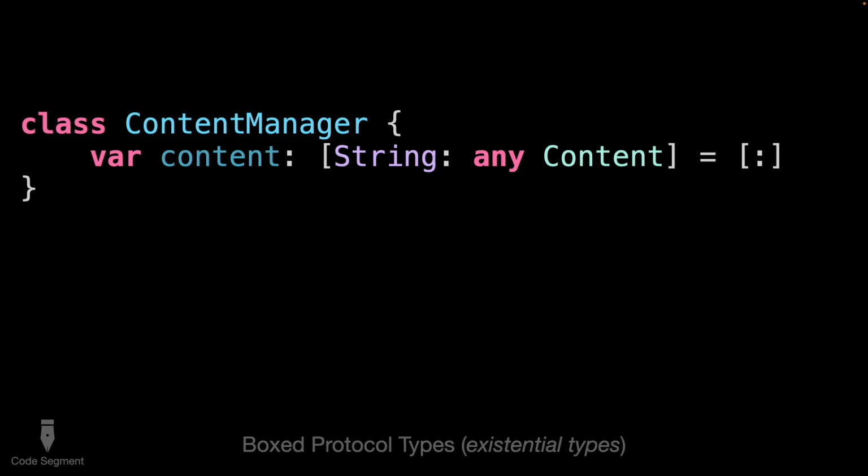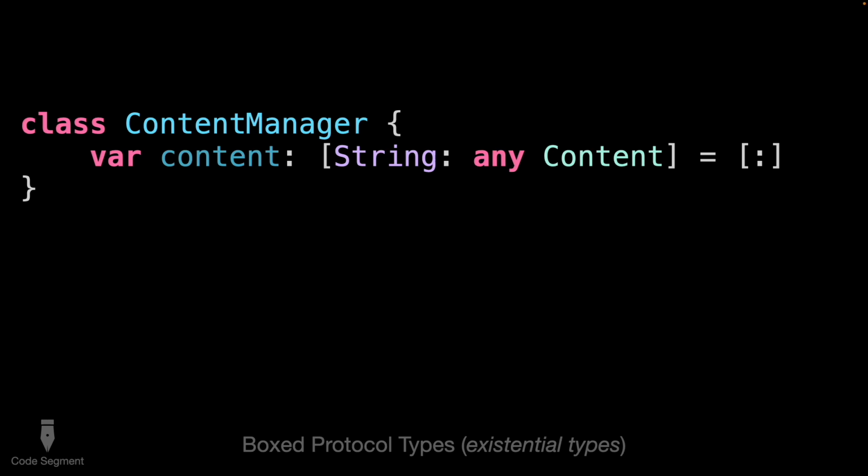So, boxed protocol types, also known as existential types. In some future version of Swift, anytime you want to refer to a protocol as a type that you are defining for a property or variable or constant, you will need to use the lowercase any keyword every single time.